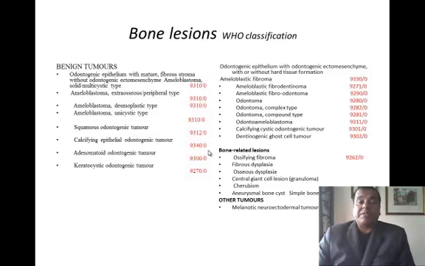Swellings can arise from the bone, and these could be due to benign or malignant tumours of the bone. In this slide we have the WHO classification of bone lesions, which includes benign tumours, including ameloblastoma, which is probably the more common one that you need to be aware of, and keratocystic odontogenic tumour, previously known as odontogenic keratocyst.